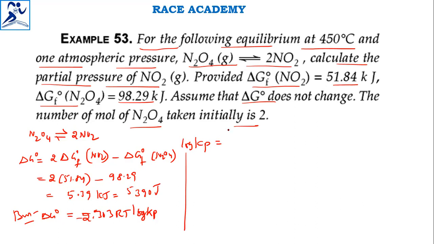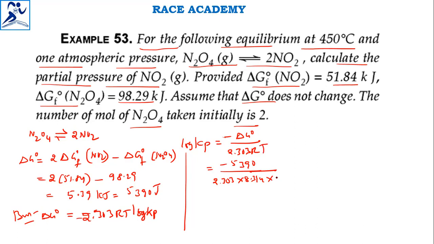That log Kp value will become equal to minus delta G naught by 2.303 RT. So upon substitution of the delta G naught value, minus 53.90 by 2.303 into R value, usually written as 8.314, and the temperature is also important.